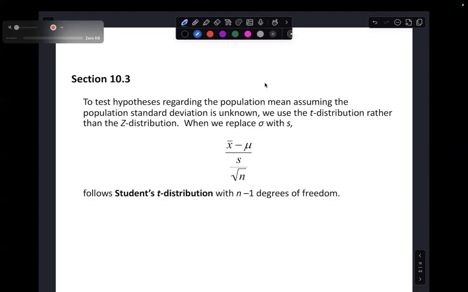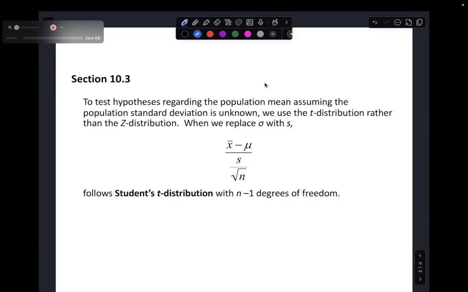You can't just throw it in normal CDF. It doesn't work like that. I think there might be a normal with t's. No, there isn't. Oh, there is a t PDF. We're not going to do that. We're going to find our p-value just using our calculator. I do have a good calculator function and it works and we like it.